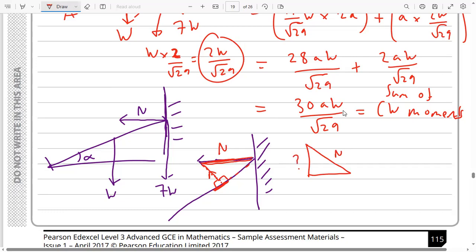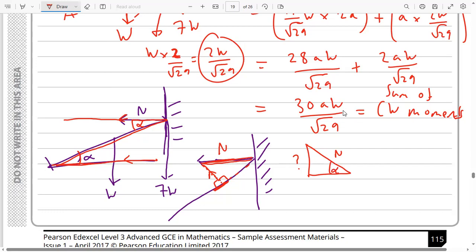Now, look at this diagram. We've got two parallel lines, and an angle of alpha there. So that's going to be an angle of alpha there as well, because of alternate angles. Remember your Z angles from GCSE? So we've got this N force there, and that angle there is alpha. We want the opposite, and we've got the hypotenuse.